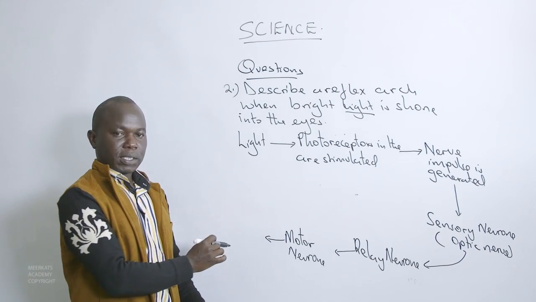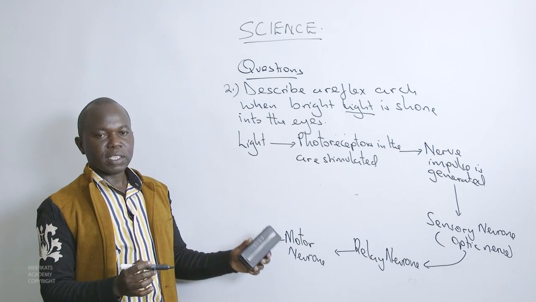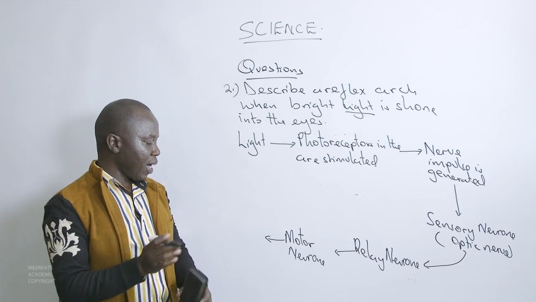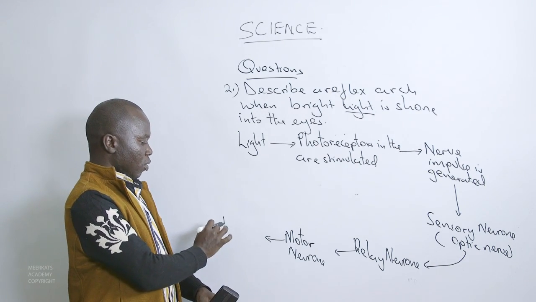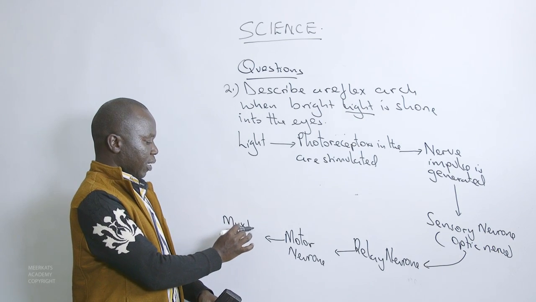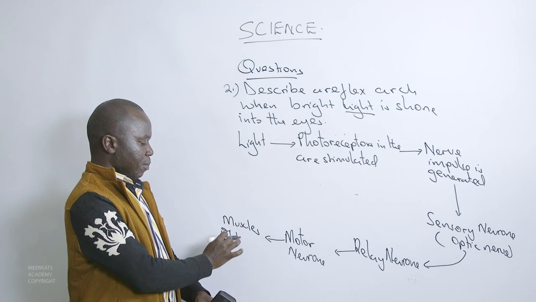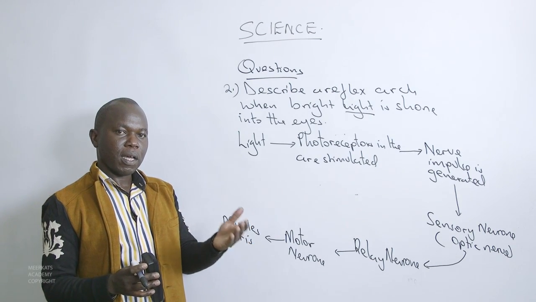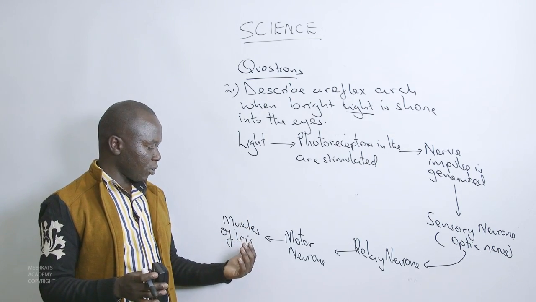To effectors. But in this case, the effectors are still in the eye, the muscles of the iris. Remember the muscles of the iris? We had radial muscles and circular muscles.